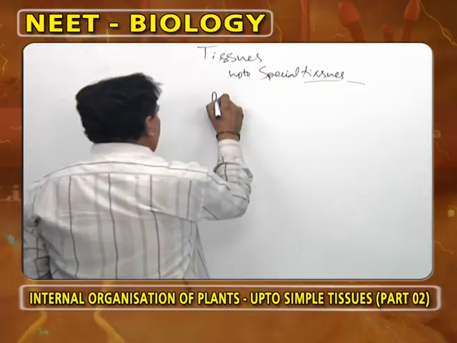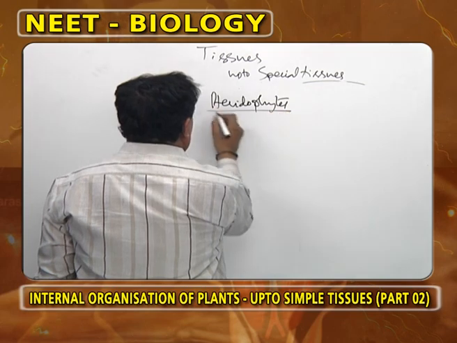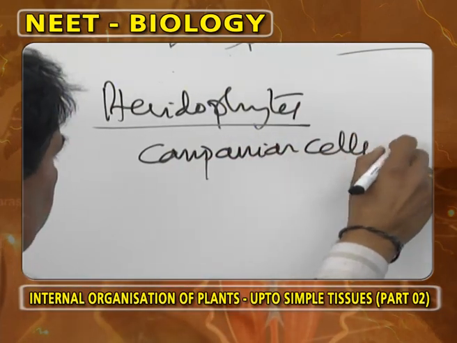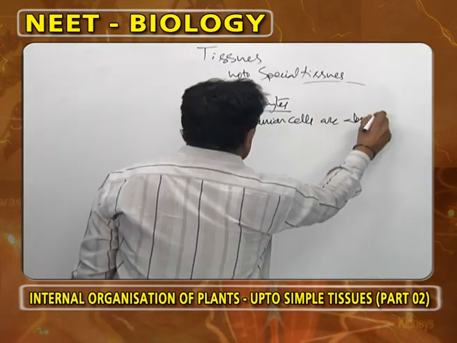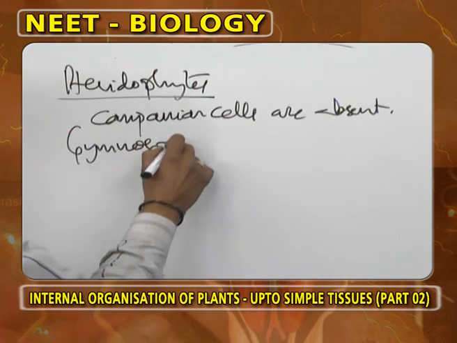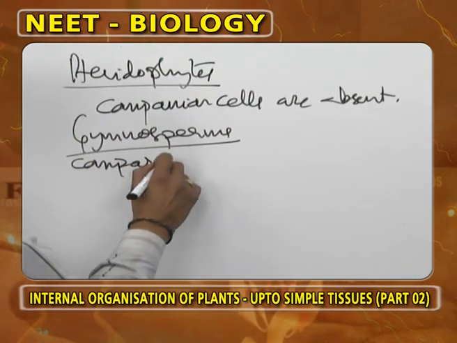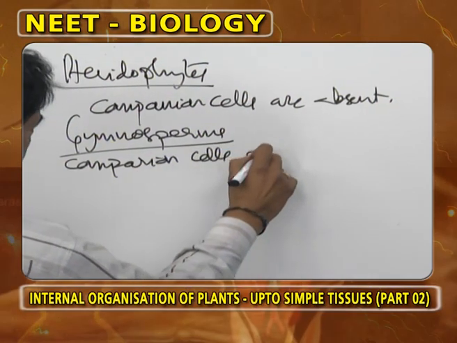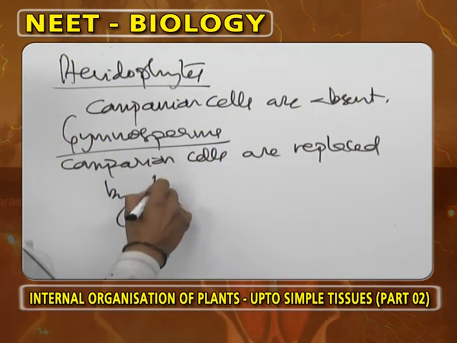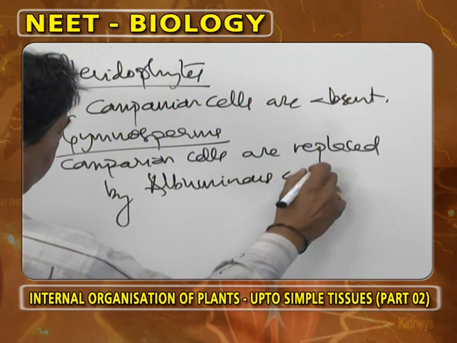In pteridophytes, companion cells are completely absent. Whereas in gymnosperms, companion cells are absent but replaced by special cells called albuminous cells.